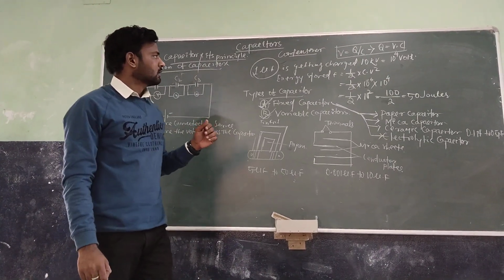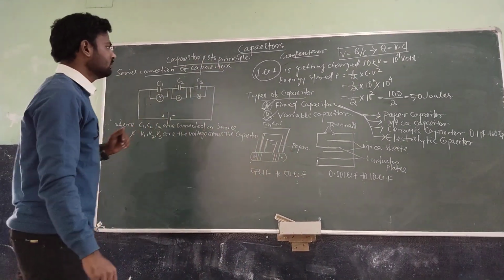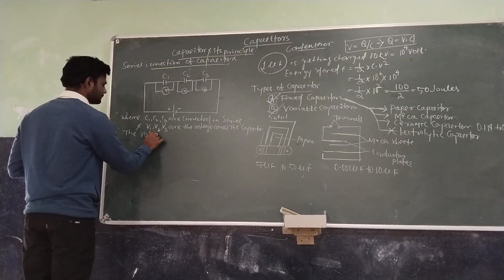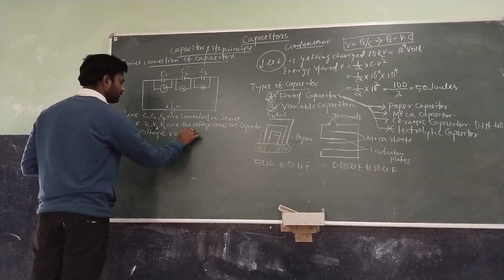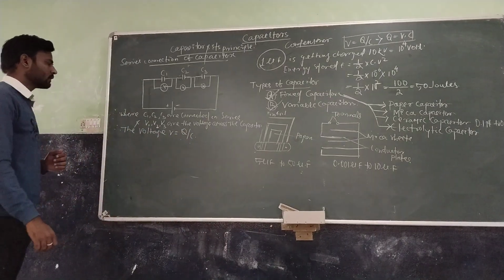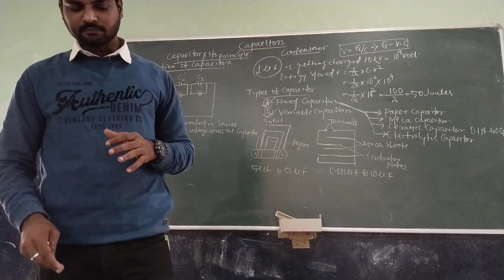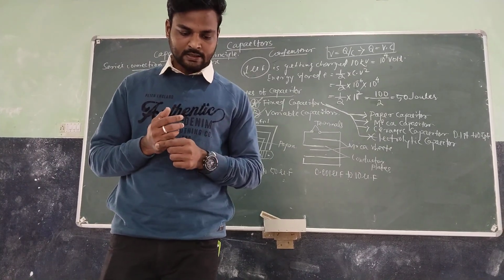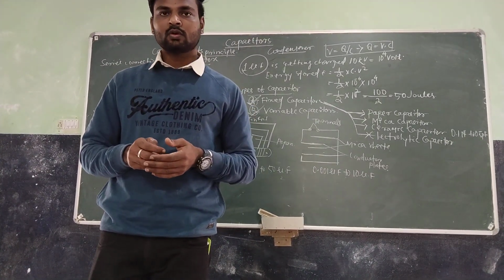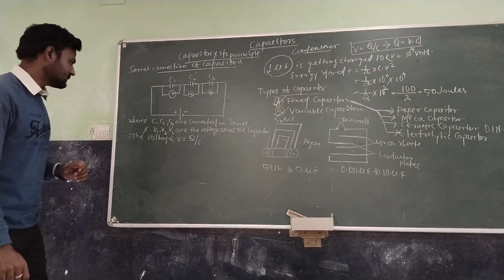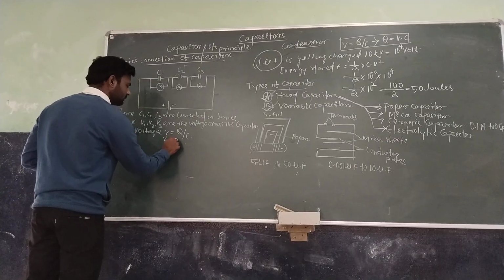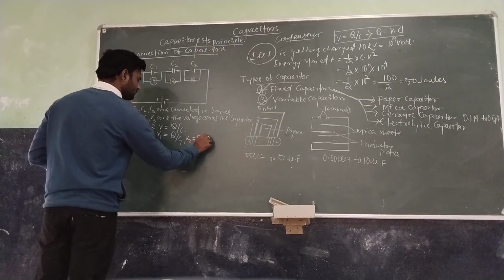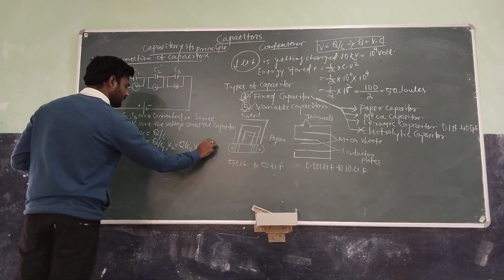So V is equal to Q by C. Since the capacitors are connected in series, we know V is equal to Q by C. Then V1 is equal to Q by C1, V2 is equal to Q by C2, and V3 is equal to Q by C3.